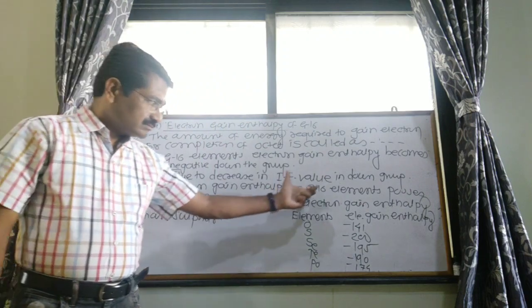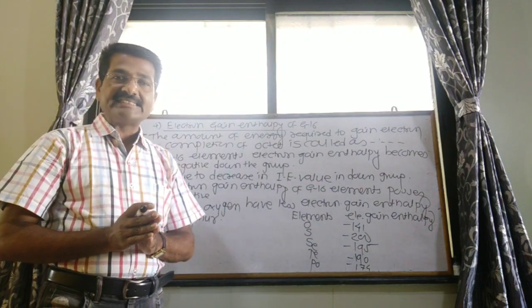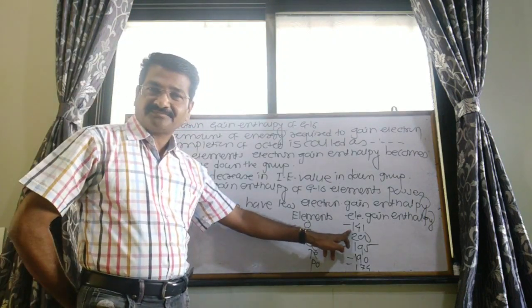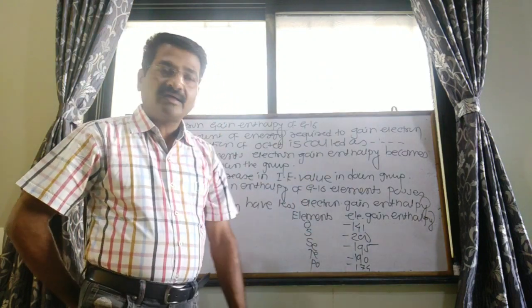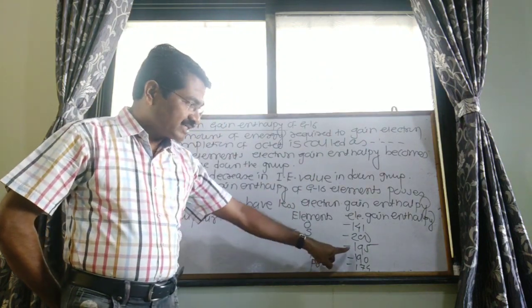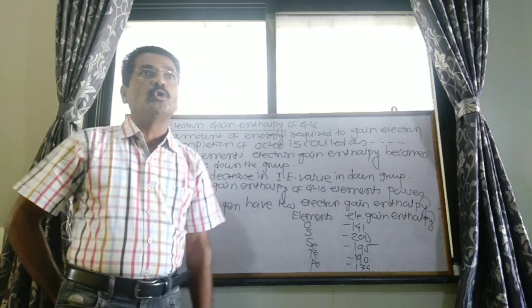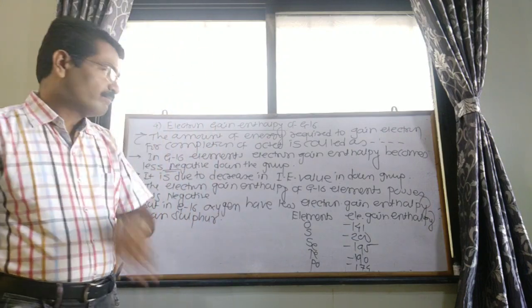So this is the electron gain enthalpy trend of all the 16 elements. Oxygen possesses minus 141, sulfur minus 200, then selenium minus 195, tellurium minus 190 and the last one, polonium, possesses minus 174.